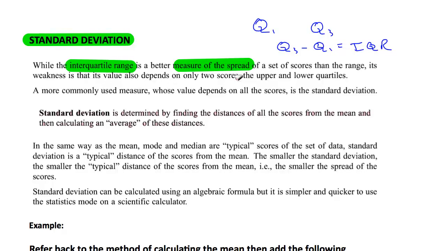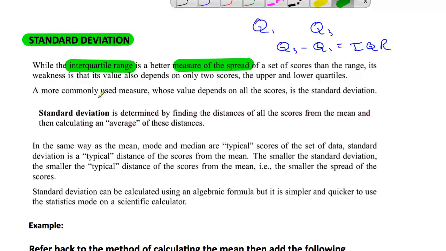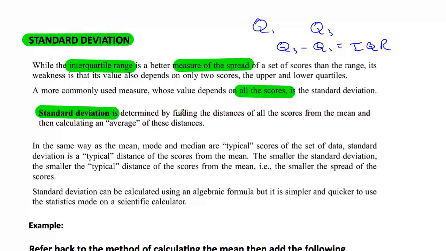However, when we use the standard deviation, the important thing to remember is that the value includes all the scores, just like the mean uses all the scores. The standard deviation is defined by finding the distance of all the scores from the mean, and then we average them.